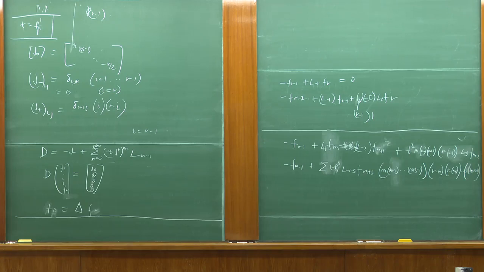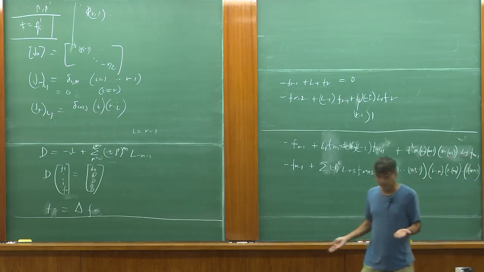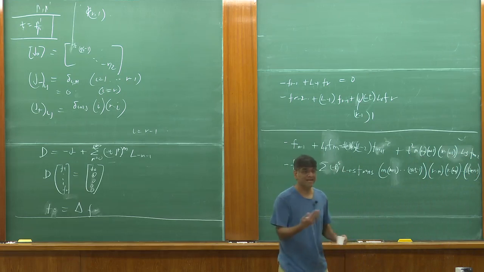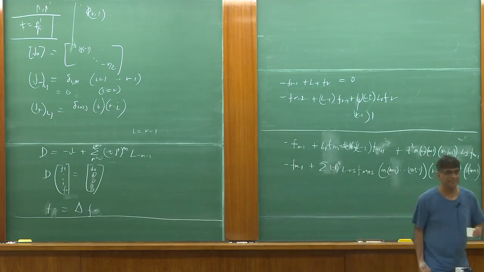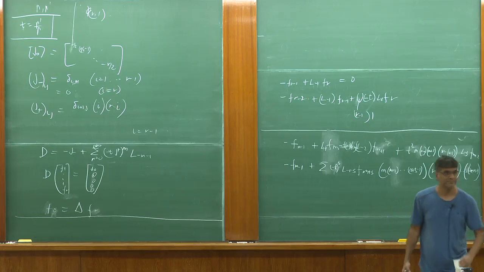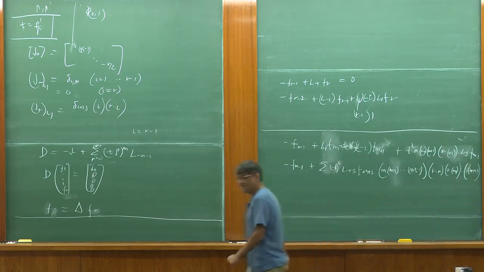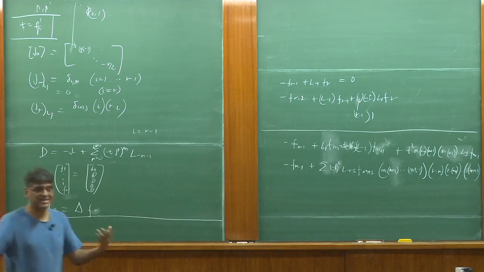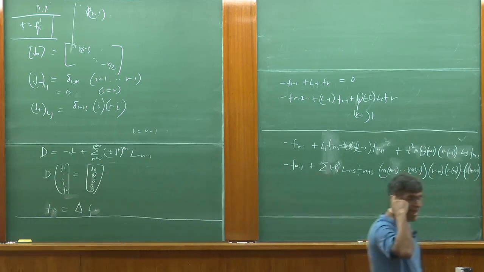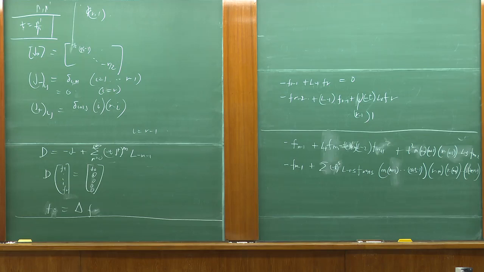Clear? Okay. What remains though is to check whether it actually is a null descendant. In other words, what we need to check is that it's not just a descendant but also a primary. So what we want to do is to check that L1 and L2 annihilate this descendant state.